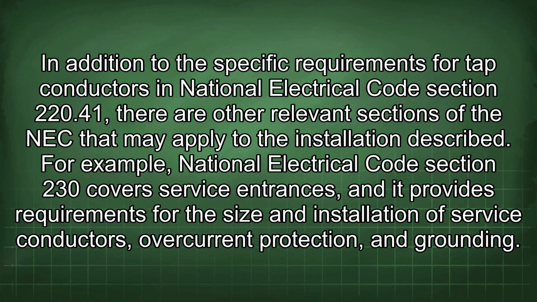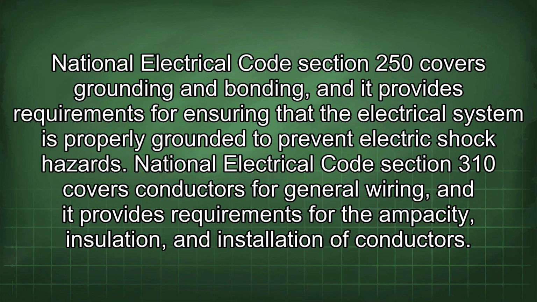For example, National Electrical Code section 230 covers service entrances, and it provides requirements for the size and installation of service conductors, overcurrent protection, and grounding. National Electrical Code section 250 covers grounding and bonding, and it provides requirements for ensuring that the electrical system is properly grounded to prevent electric shock hazards.